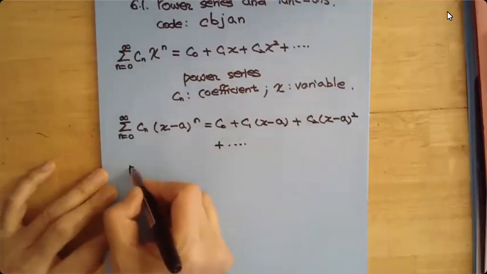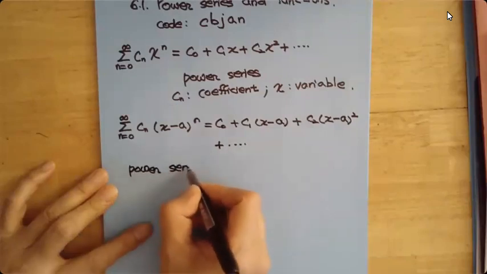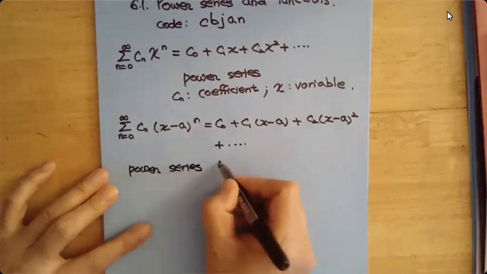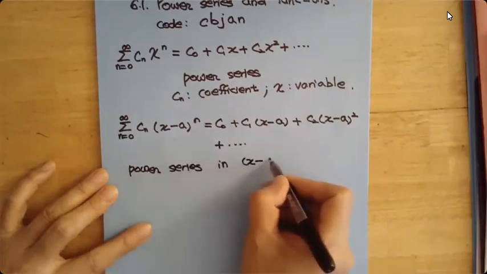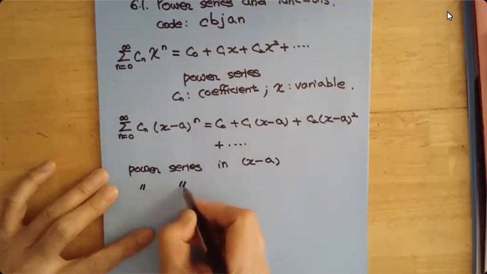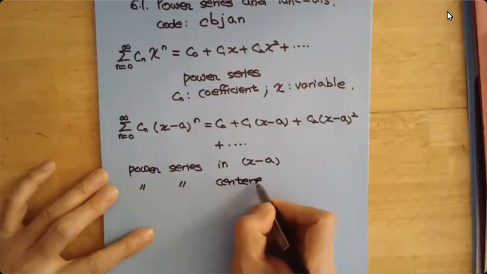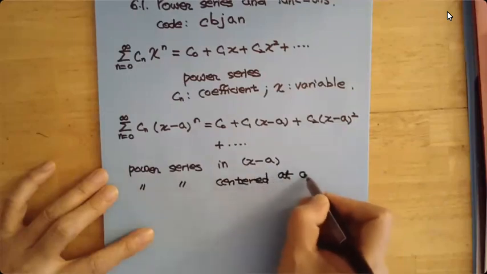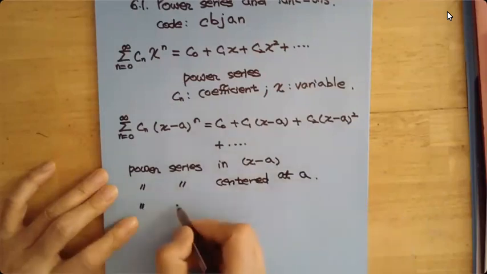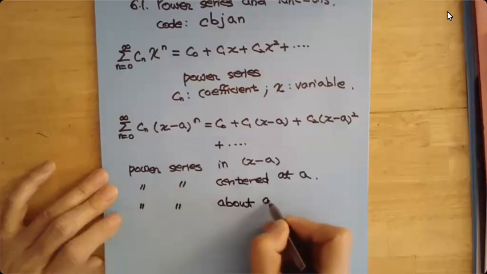In this case, this is also called a power series in x minus a this time, or we call it a power series centered at a, or a power series about a.